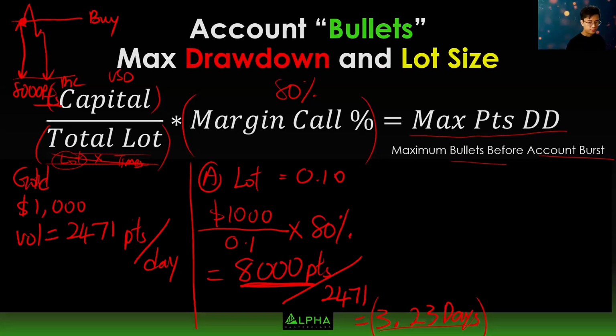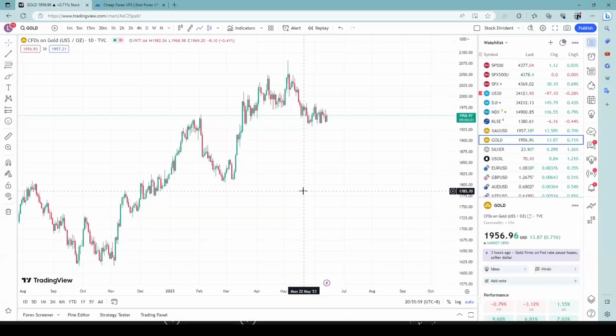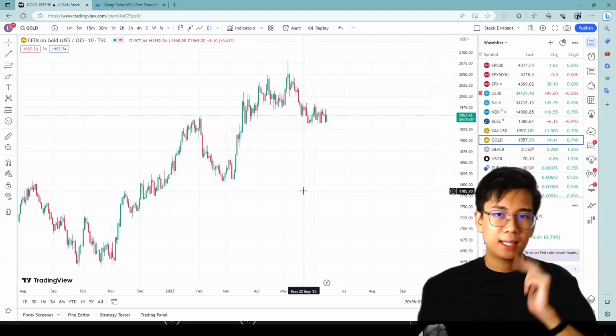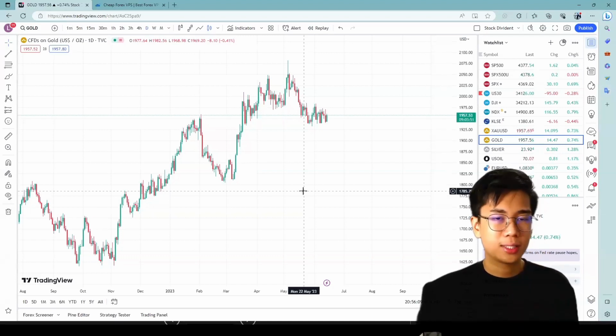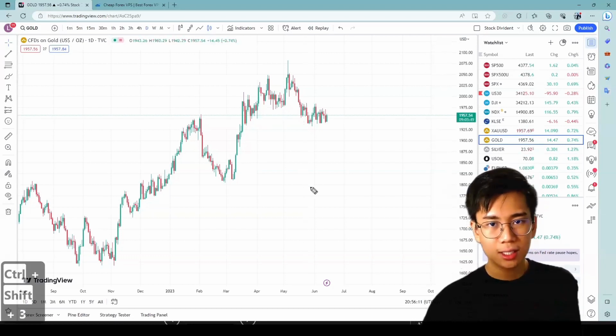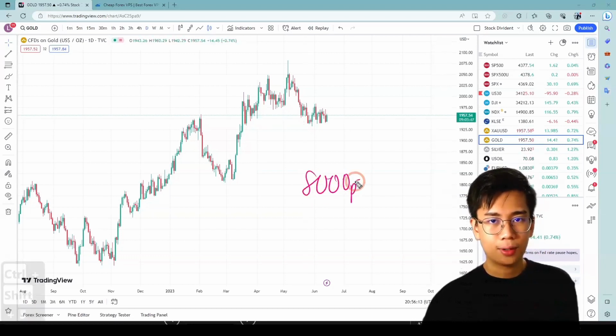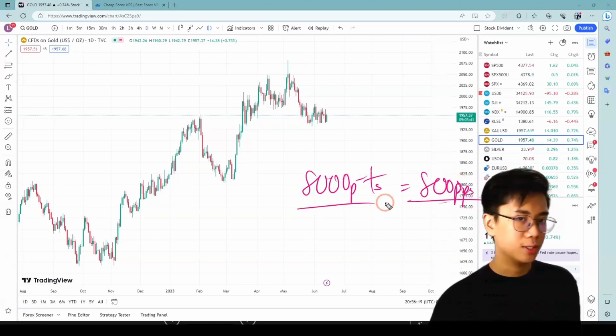Now, let's prove it from the charts. What I need is just 8,000 points. Now what is 8,000 points? For those using another convention, 8,000 points is equal to 800 pips. This is just a number convention.